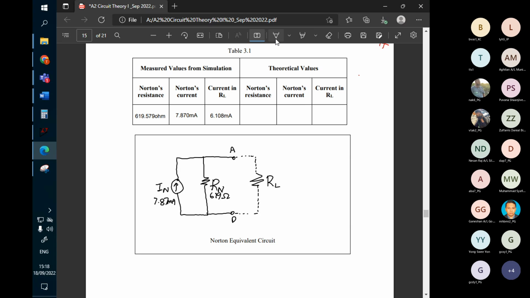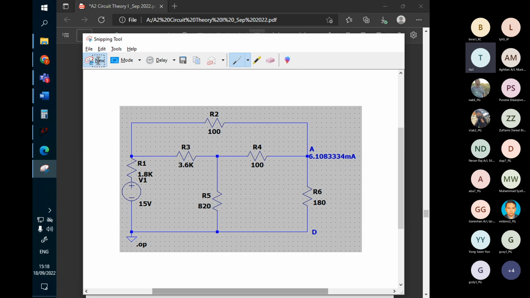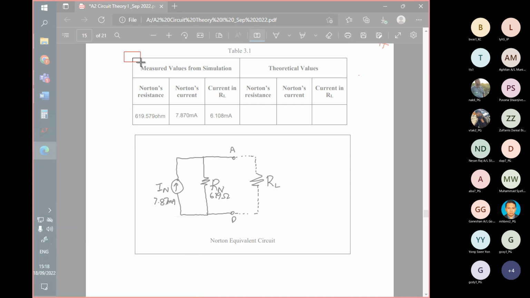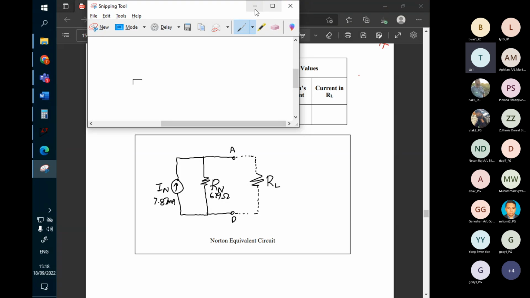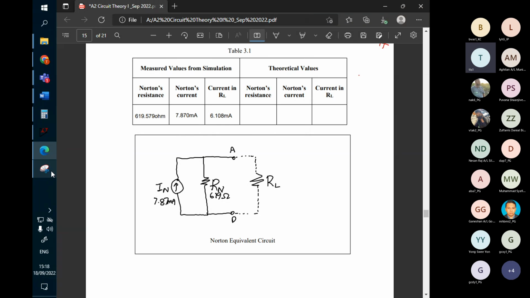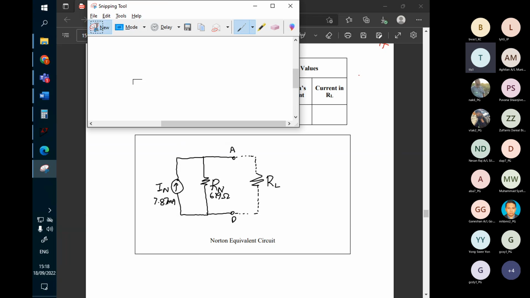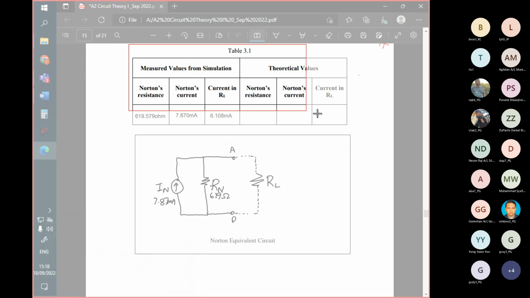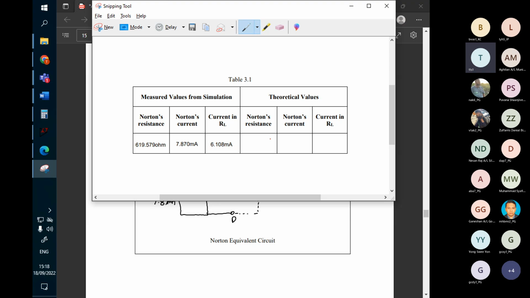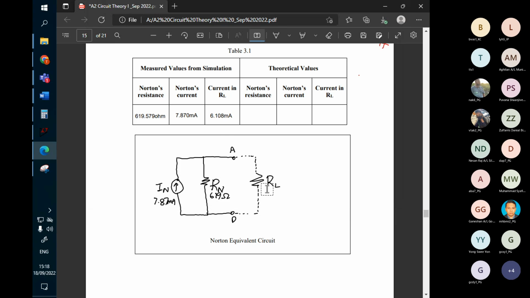Now we have left these three that need your analysis skill to find out the Norton individual values. First of all, let's cut and paste this thing here. But this is an incomplete one, as you see. Until this stage, you should be able to get at least three values. The other three values take time for you to calculate by yourself, not using any software.